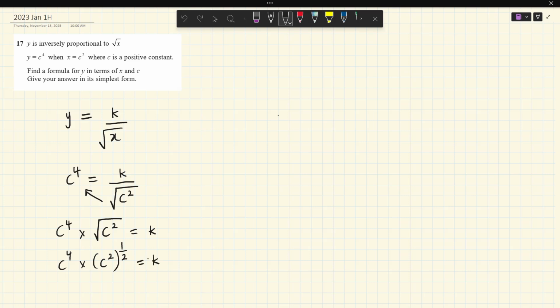C to the power 2 to the power half means the powers multiply, so 2 times half, the 2 and 2 get cancelled. This becomes c to the power 1. So c to the power 4 times c to the power 1 means c to the power 5. So k equals c to the power 5. Now we can write the formula, that is y equals, instead of k we write c to the power 5, over root x. That's the answer.